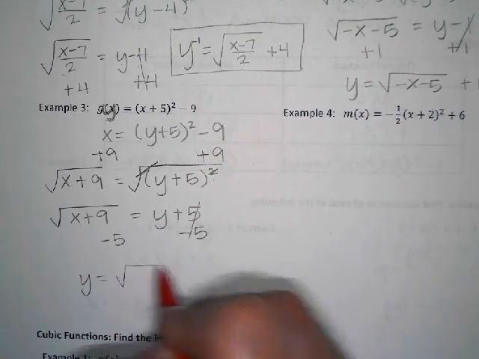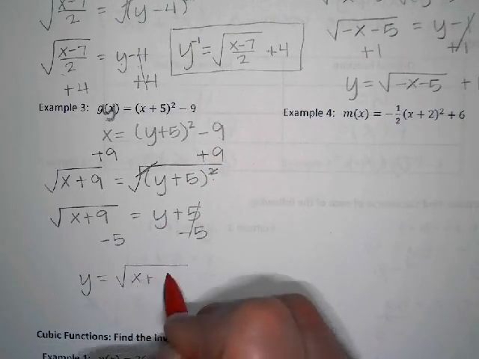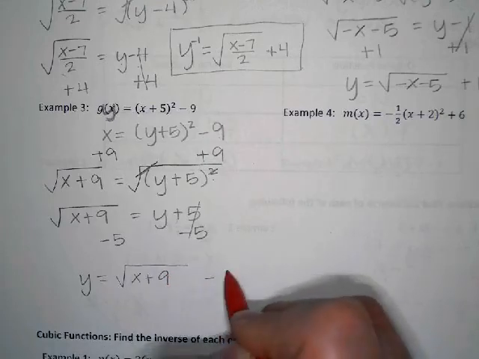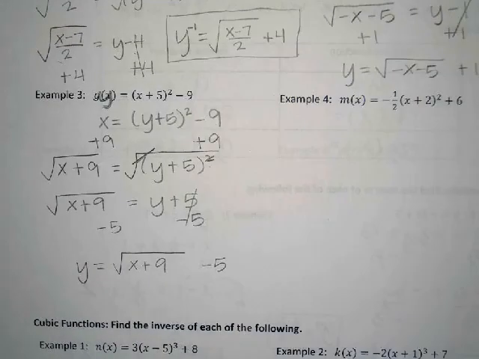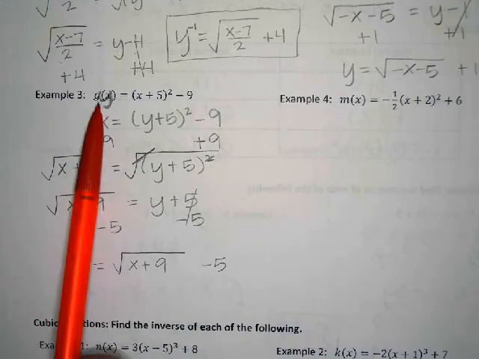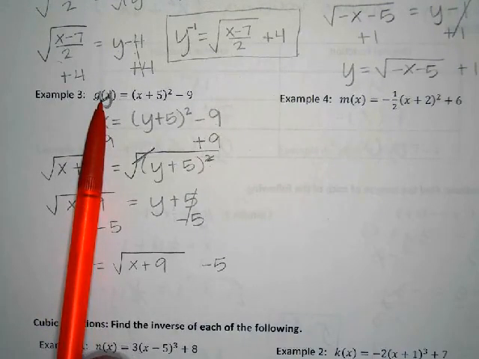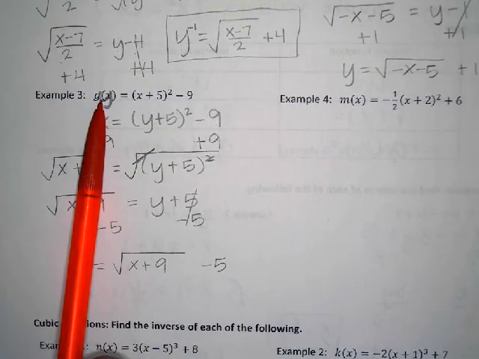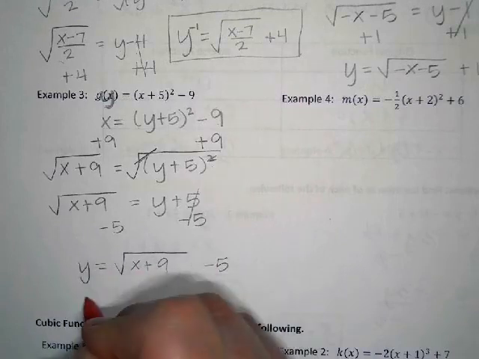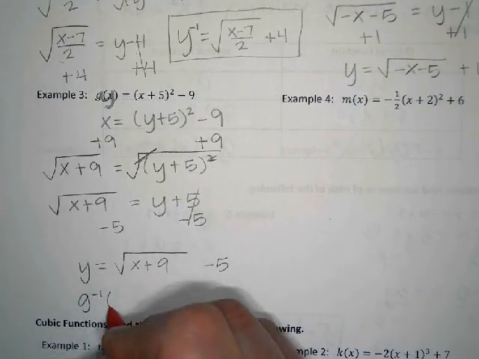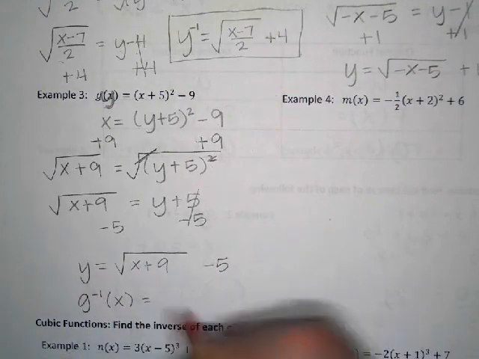But that's not the final answer, because the original problem had a g. And what does our final answer have to have? The inverse. So we're going to say g inverse of x is the square root of x plus 9 minus 5.